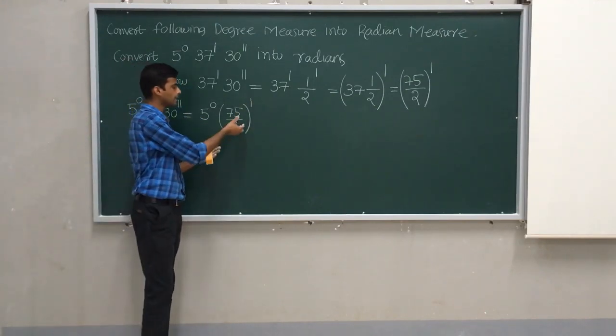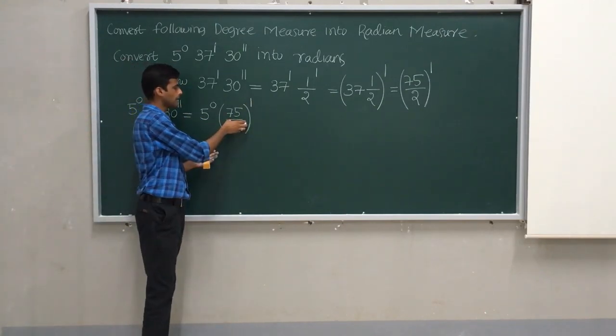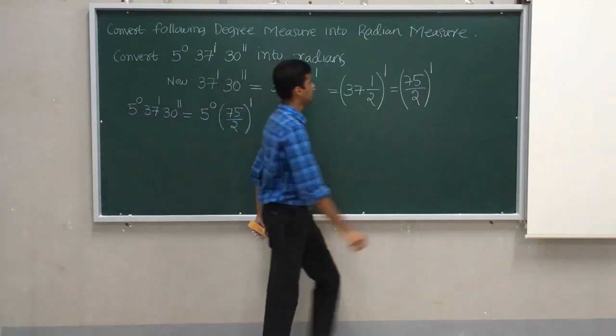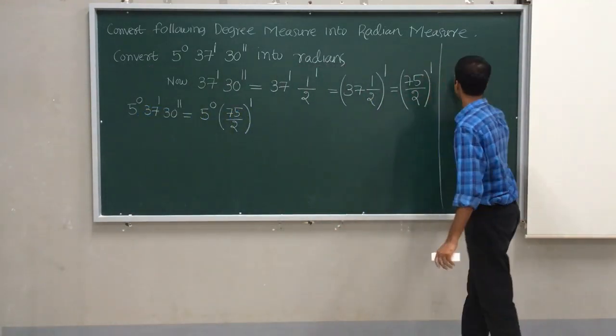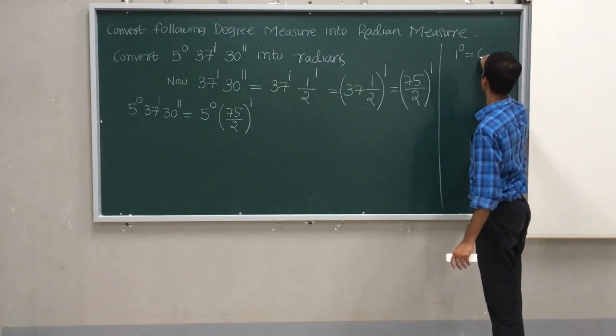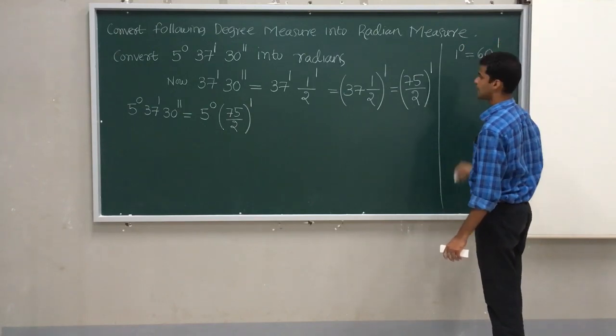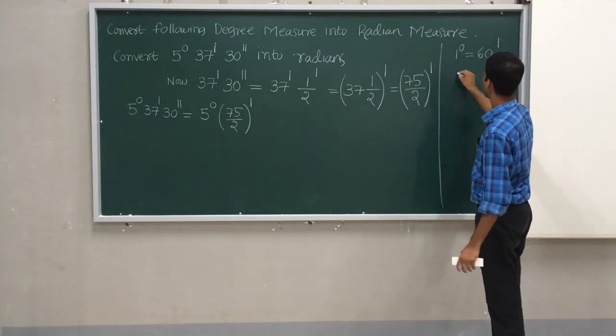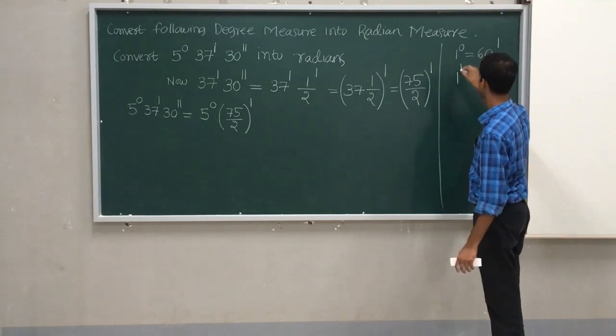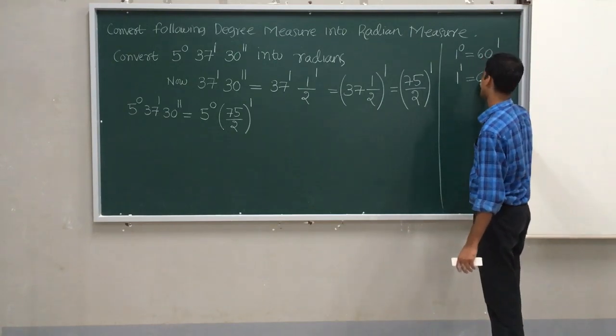Now my intention is to convert this minute into a degree. So again I will take this help. 1 degree is equal to 60 minutes.